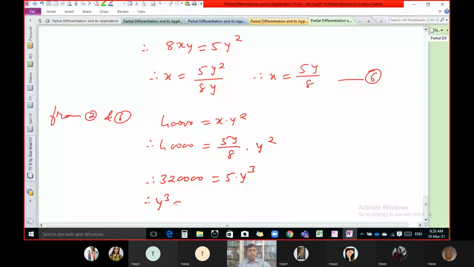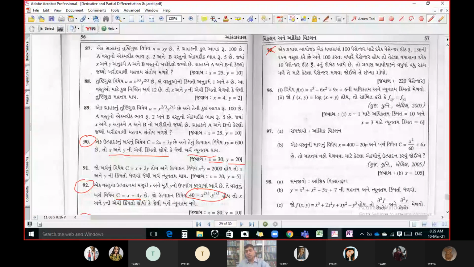The remaining questions, 94 onwards, are not in our syllabus according to partial differentiation. This first is not in the syllabus. This you can consider as homework. Question 96 and these two are not in the syllabus according to partial differentiation.